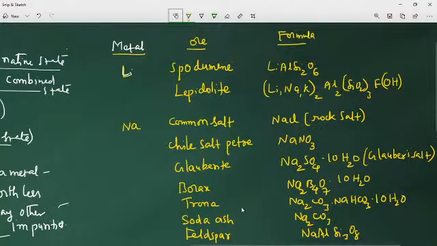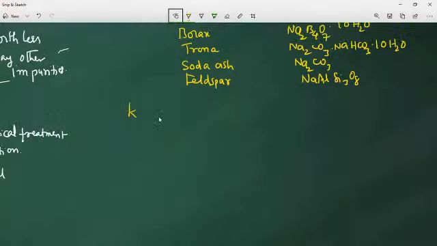The name of the potassium ore is sylvine, that is nothing but potassium chloride, KCl. Niter is another one, potassium nitrate, KNO3, also called saltpeter.